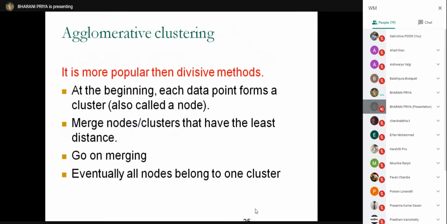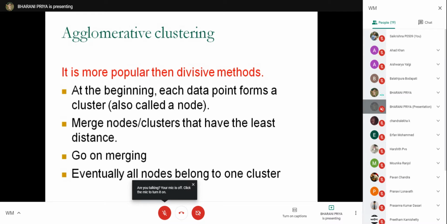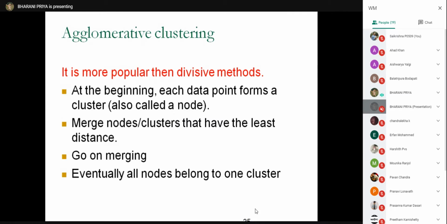Agglomerative clustering is more popular than divisive methods because at the beginning each data point, that is each singleton cluster, forms a cluster. Each singleton data point, each data object will become a cluster, that is a node, and merge the clusters which have the least distance and go on merging until you get a final cluster.